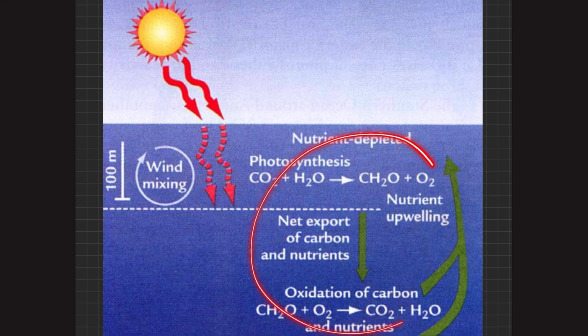So in this way, a cycle is developed in which first the carbon dioxide is fixed into organic matter and oxygen is produced as a byproduct, and when this nutrient-bearing species is decomposed, it is further oxidized to produce carbon dioxide and water.